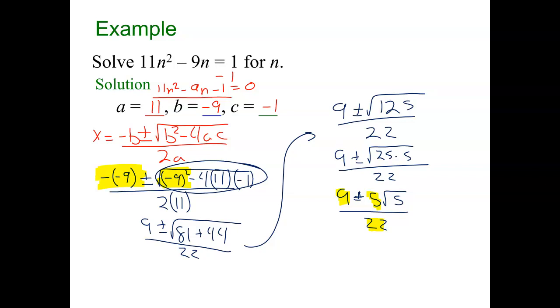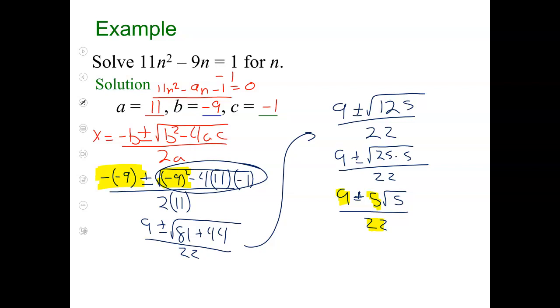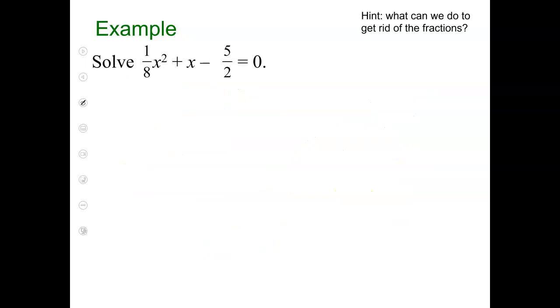All 3 of those numbers have to have a common factor in order to simplify. Otherwise, you leave it as it is. Okay? You're not going to do anything else with the radical. We've already simplified it. Doesn't matter if it has a common factor with anything else. Okay? Questions so far? It's real straightforward. The hard part is you got to know the formula.